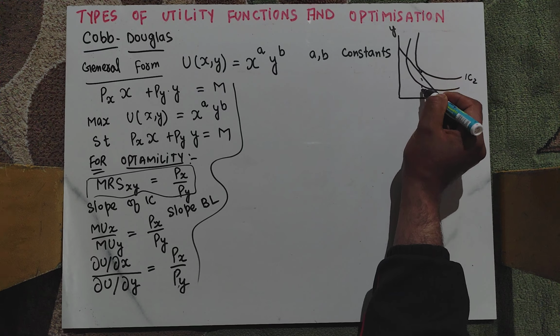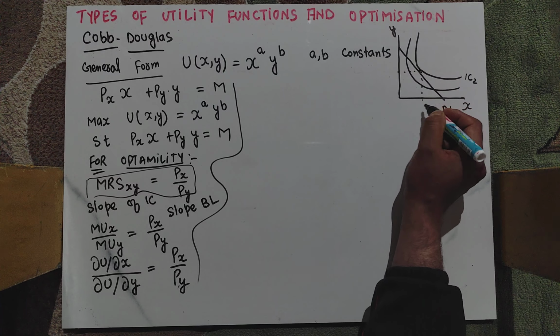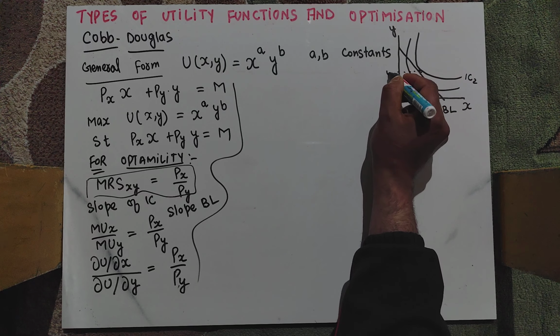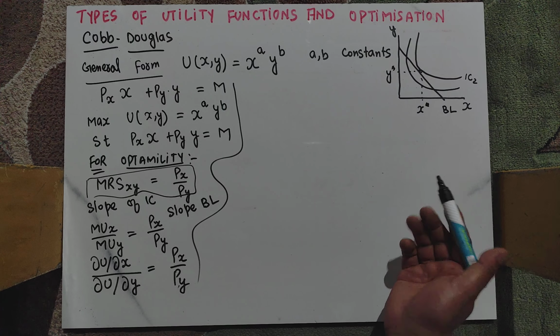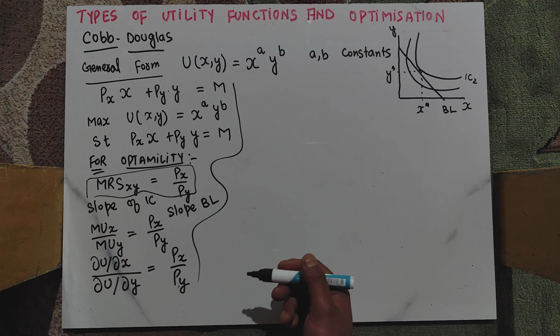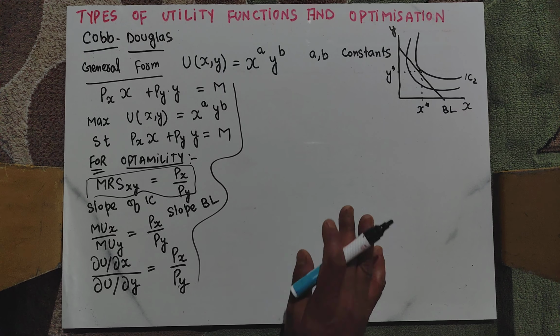That will give us the optimal units of good x and y. That will give us the x star and y star. So x star denotes the demand function of good x, and y star denotes the demand function of good y. So we need to calculate that very thing.